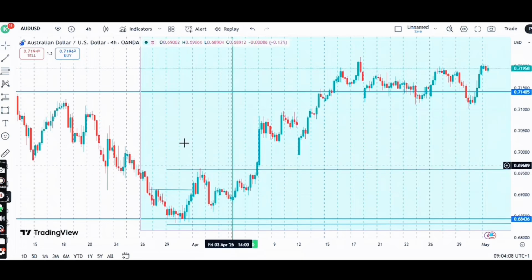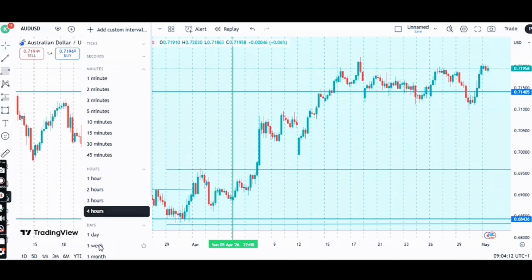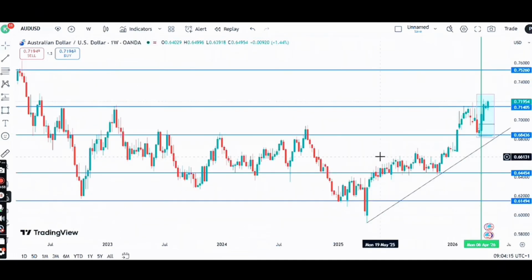All right, so let's do our top-down analysis from the weekly time frame. From the weekly time frame, this is how the chart looks like. The first thing I want you to do from the weekly chart time frame is to draw these horizontal lines on your chart. What you use these horizontal lines for is just to mark off the resistance levels and the support levels in your chart.